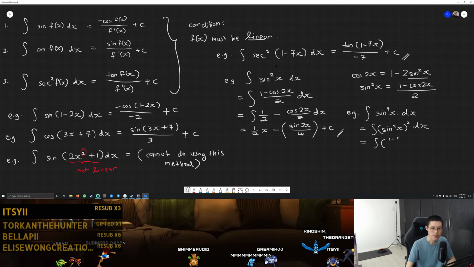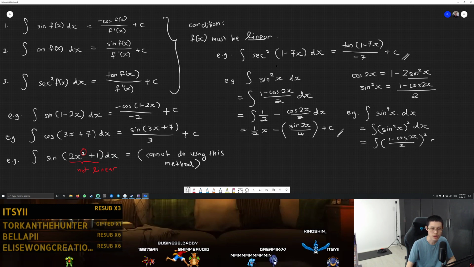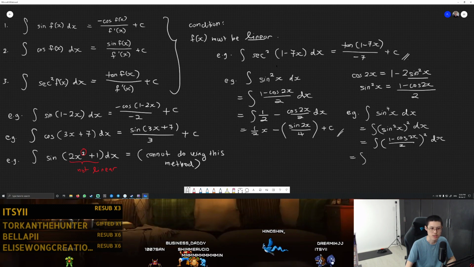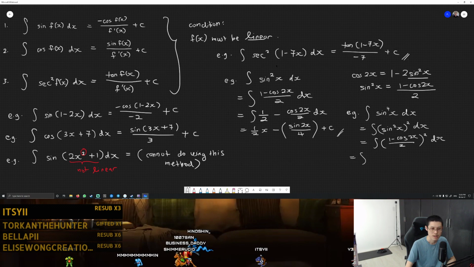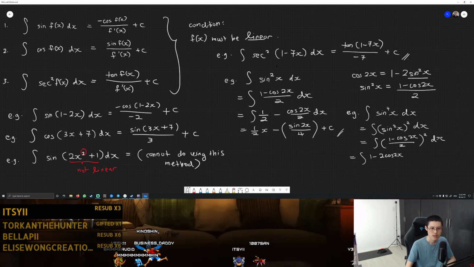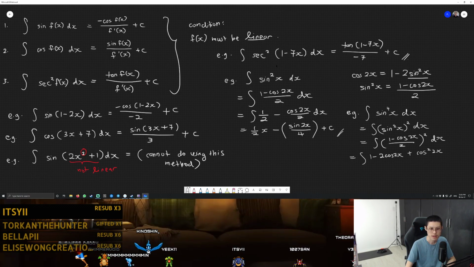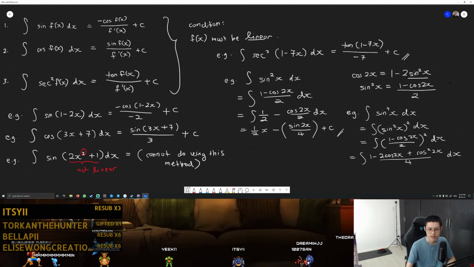It is (1 minus cos 2x) over 2, and this whole thing squared. Let's expand this as you would normally with a square. That's going to give you (1 minus 2 cos 2x plus cos squared 2x) over 4 dx. There we go.